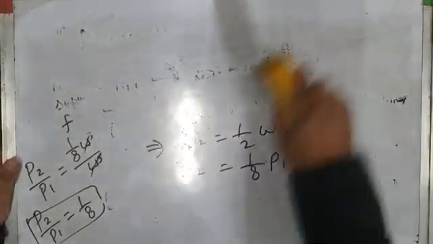Okay. This same thing can be explained with the help of a numerical example. Let us take a simple numerical example. I will try to explain with the help of it.